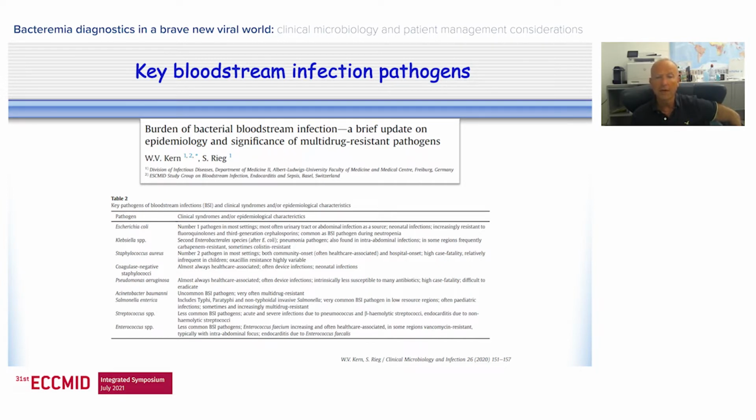That's the reason why, as soon as there is acquisition of an additional resistance trait, it's extremely difficult to treat. Acinetobacter is quite uncommon in bloodstream infection, but when it is involved, the problem is multi-drug resistance, because this species is very often extremely resistant to antibiotics.